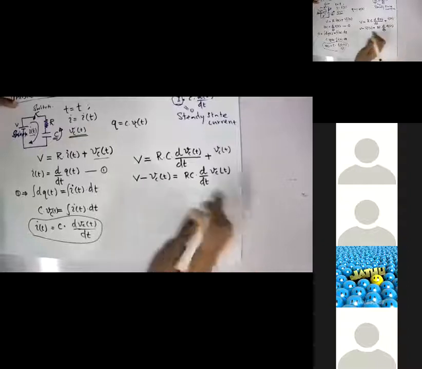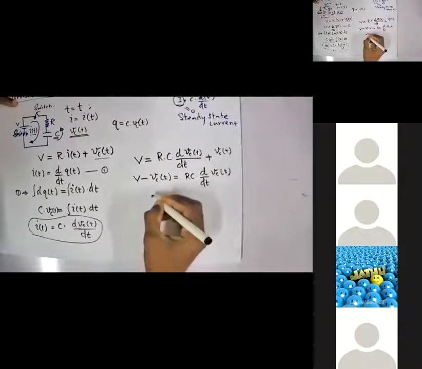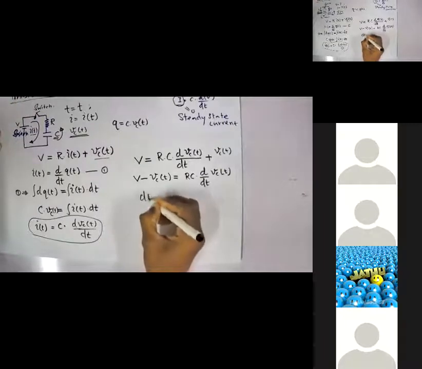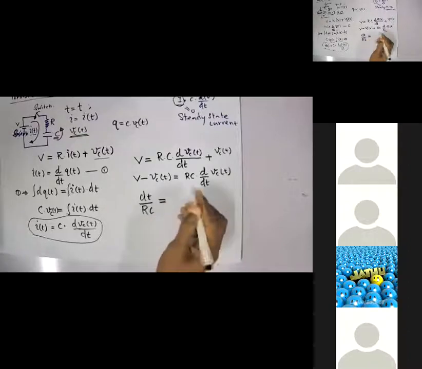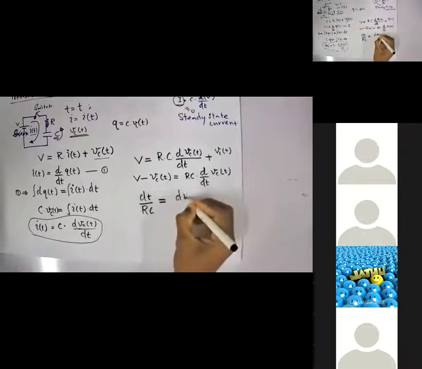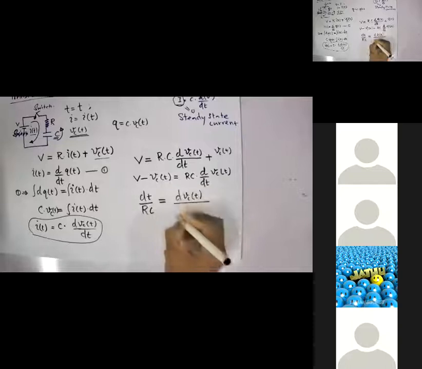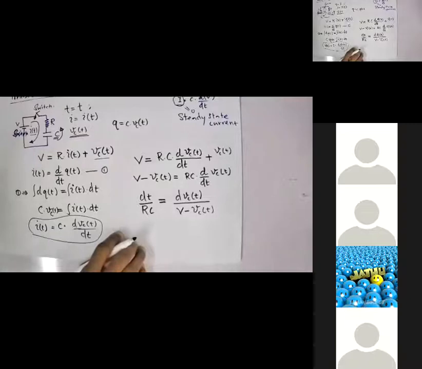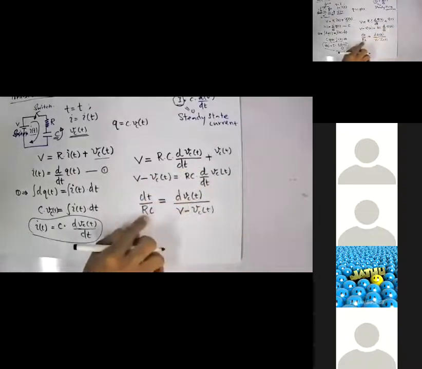So how we can rewrite this is dt by RC equals dVc of t divided by V minus Vc of t. Clear, right? So what I have done is I just bring this one down and dt there, RC at the bottom.